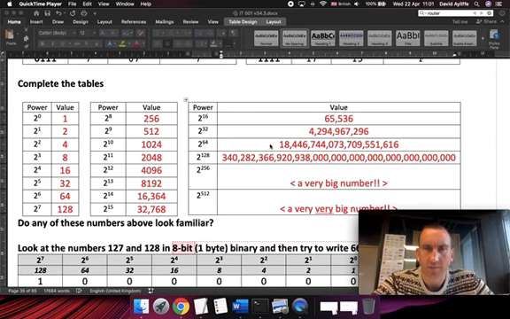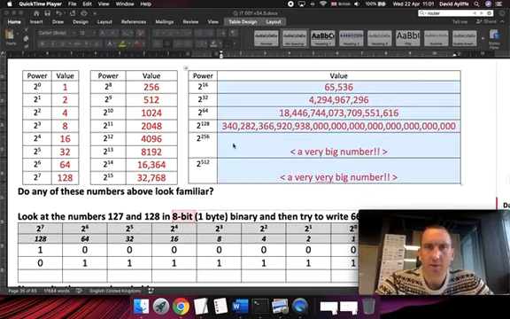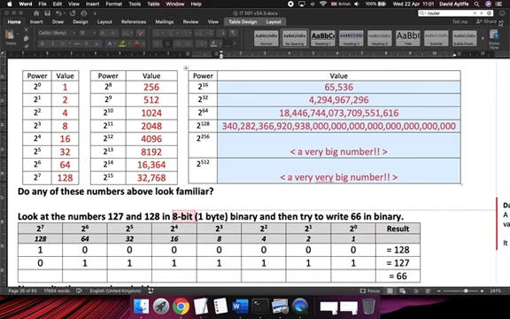That's a very big number. 2 to the power 128 is a huge number, and 2 to the power 256 and 2 to the power 512 are stupidly huge numbers.